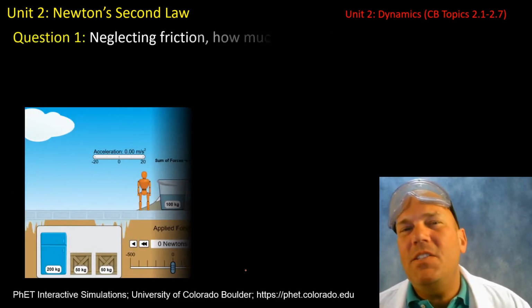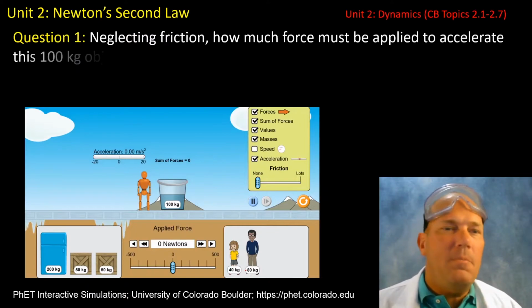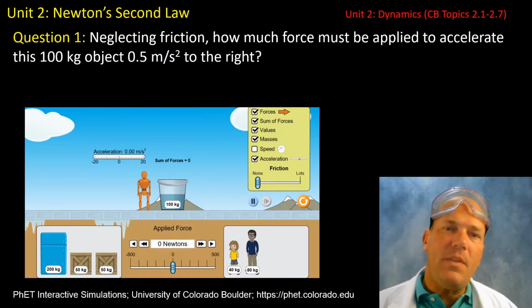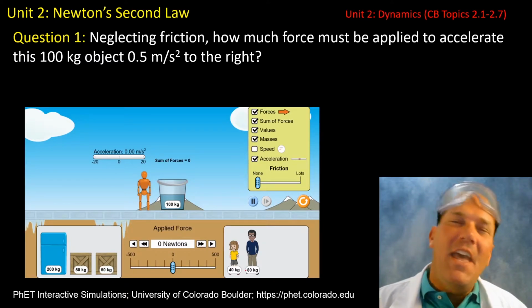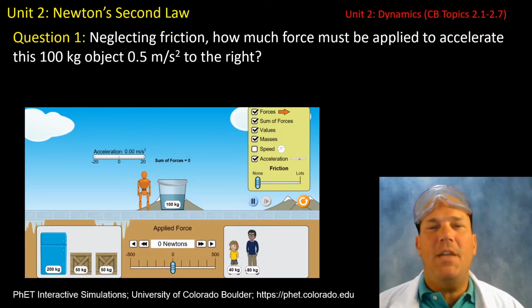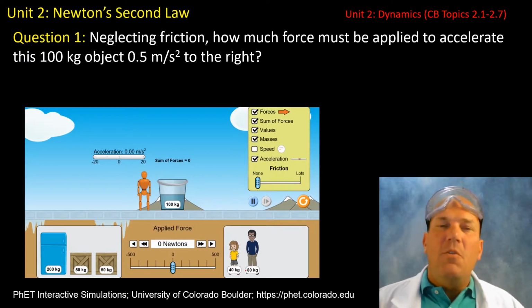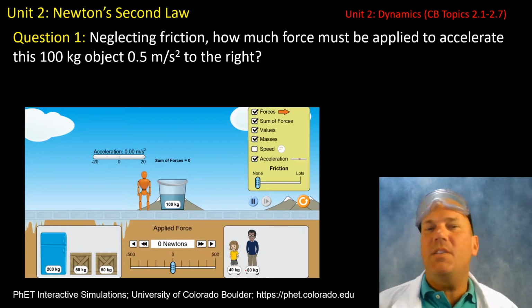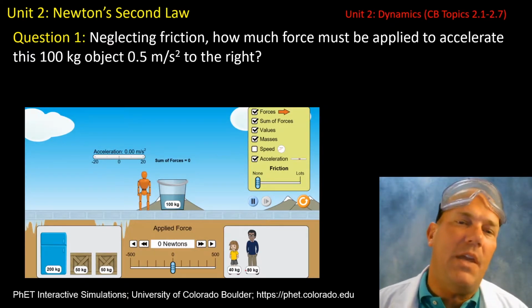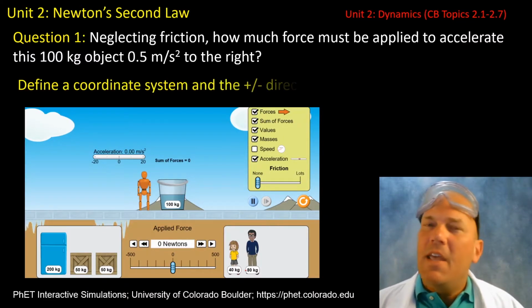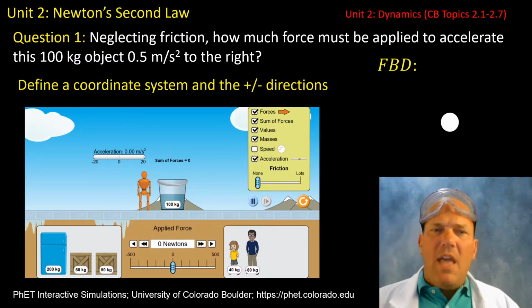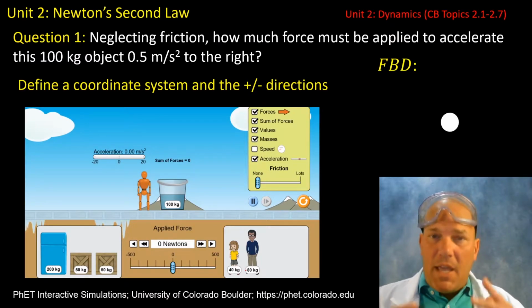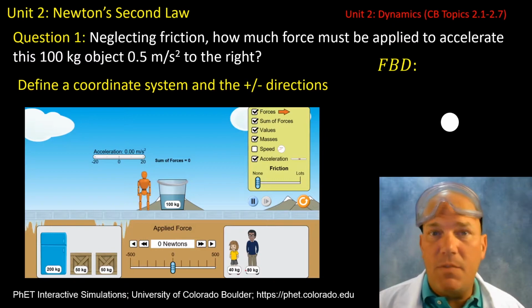Okay, so let's do a couple basic practice problems here. Neglecting friction, how much force must be applied to accelerate this 100 kilogram object 0.5 meters per second squared to the right? Guys, the first thing we need to do is define our coordinate system and define our positive and negative directions.